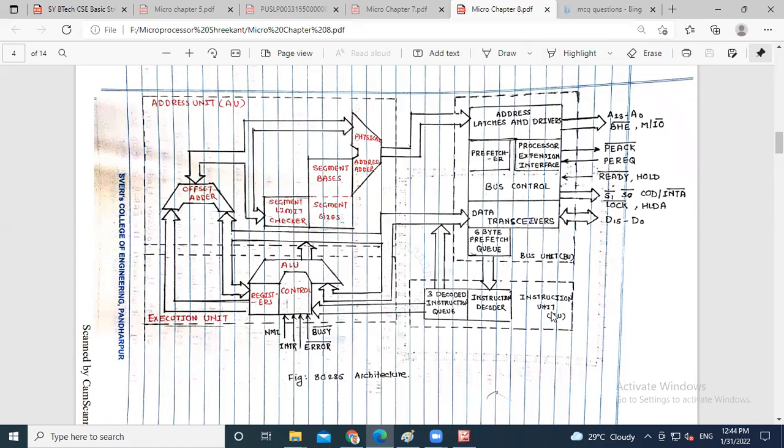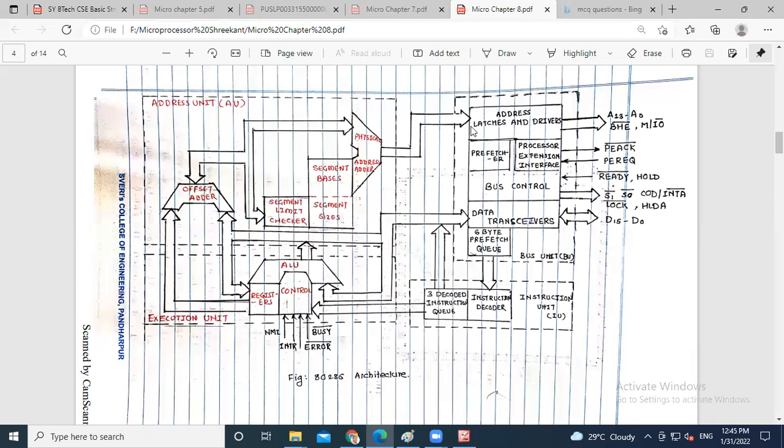The entire architecture is categorized into 4 main sections: the execution unit, the address unit, the bus unit, and lastly the instruction unit.